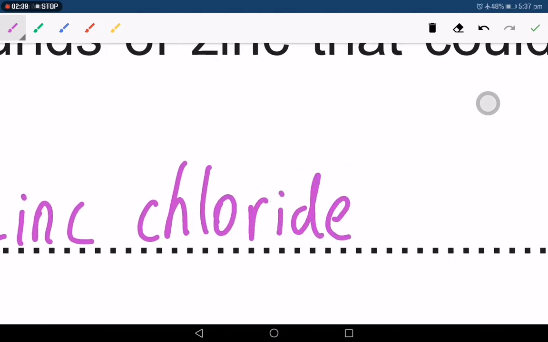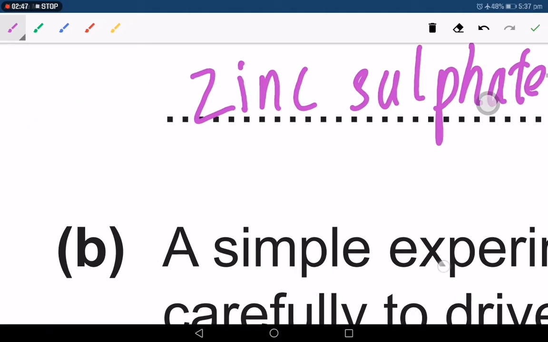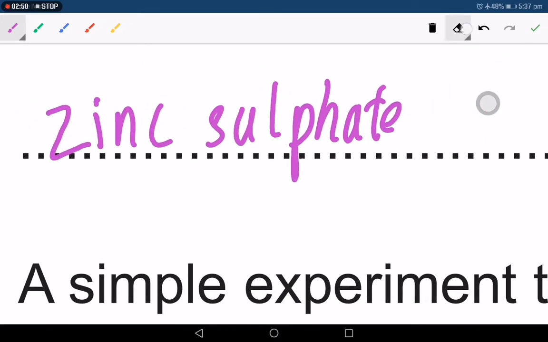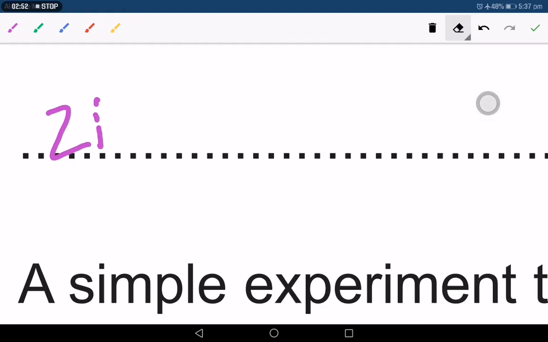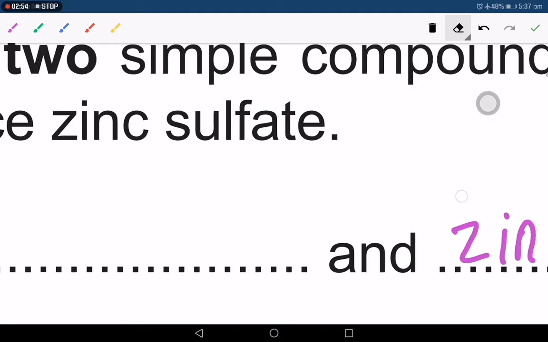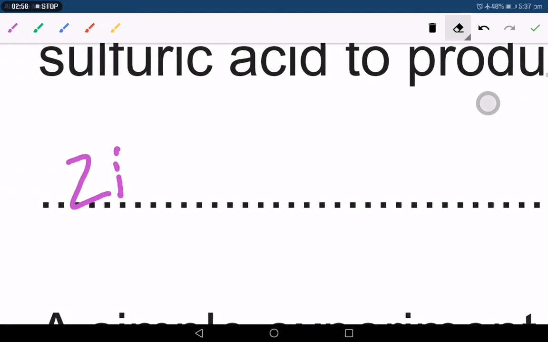They gave a long amount of text just for a 2-mark question. Oh no, not zinc sulfate, sorry, I did it wrong. I wanted to write down zinc oxide. Zinc oxide.